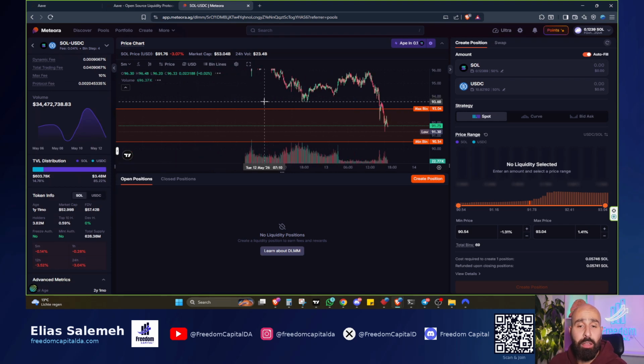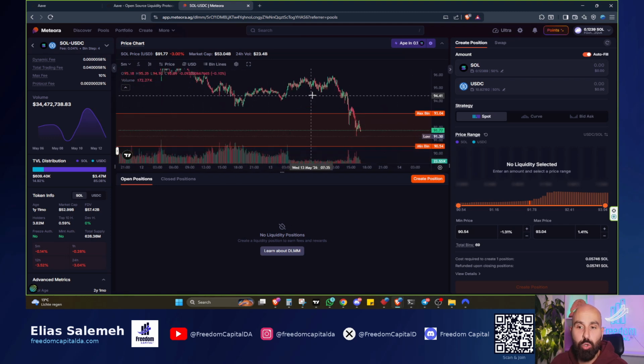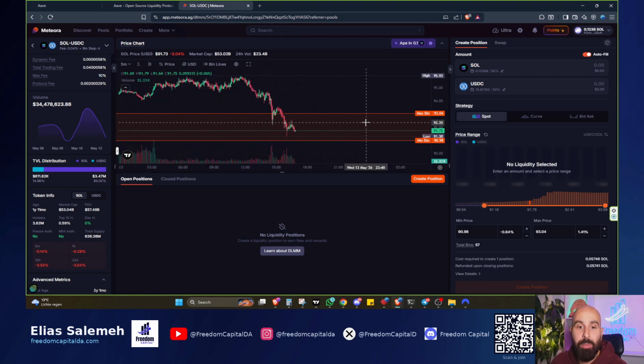Next, you have a really nice dashboard here that shows you the chart, and it also shows you the bins where you'll be deploying your liquidity based on the settings that you put here. So if I change this to the upside, for example, I'm starting to concentrate my liquidity closer to the price range. For our example, I'm first of all zooming out to the 5-minute chart.